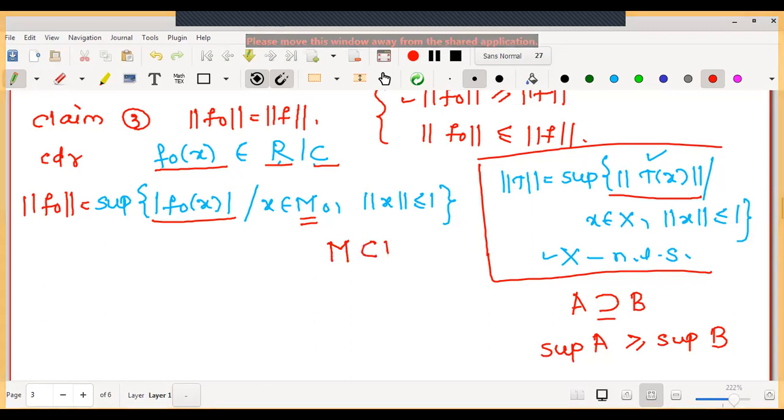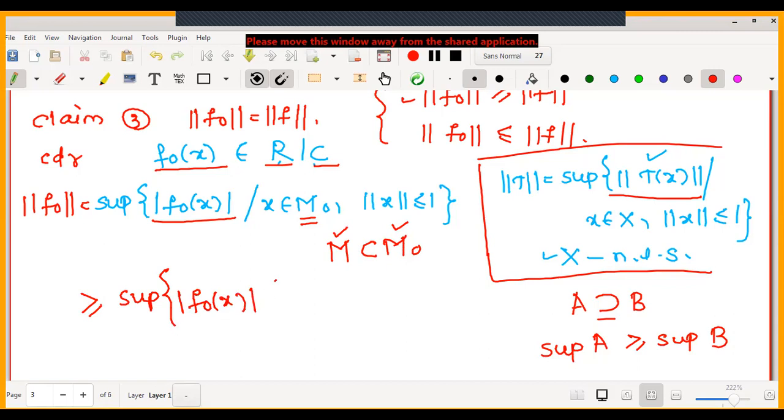M is a subspace of M naught. Therefore, the supremum on M naught is greater or equal to the supremum defined on M. Therefore, may I write this as the supremum of mod f naught of x on the condition x is in M, norm x is less than or equal to 1.